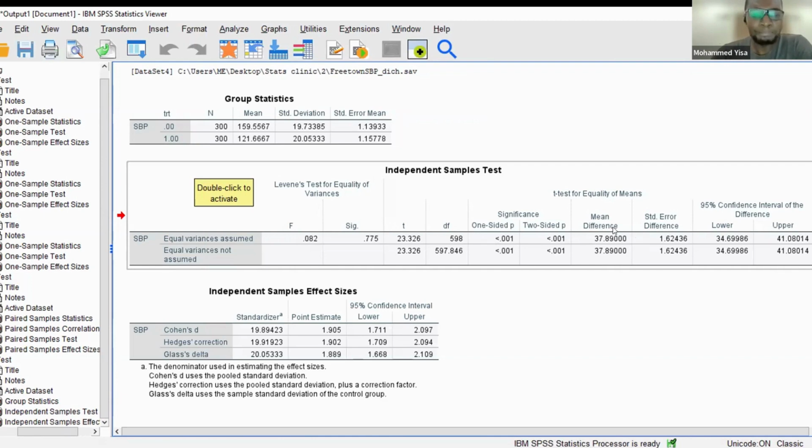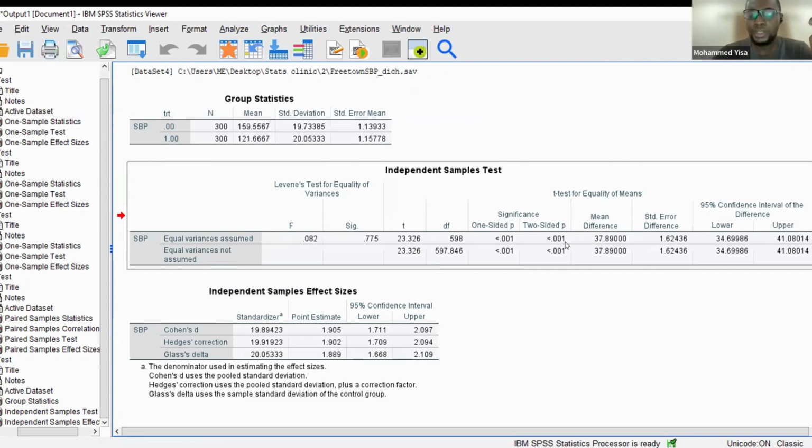So those who were treated have, on average, a systolic blood pressure 37.9 millimeters of mercury lower than the BP of those who were not treated.